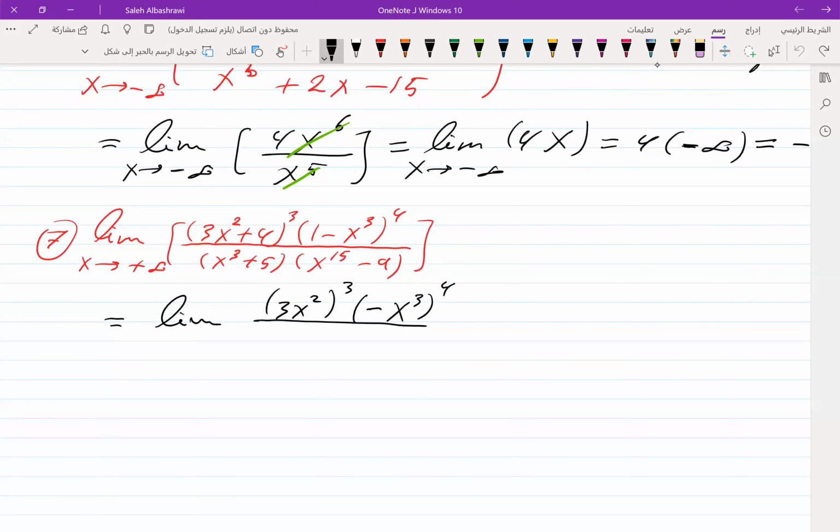In this way, we guarantee that we get the highest power for the numerator. We are taking the highest power with the coefficient and negative sign for the second bracket. So the numerator is 3x squared all to the power 3 multiplied by minus x to the power 3 all to the power 4, divided by the highest powers down: x to the power 3 for the first bracket multiplied by x to the power 15 for the second bracket, as x goes to plus infinity.